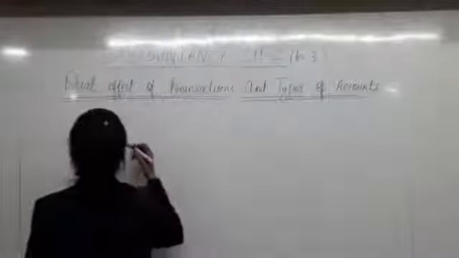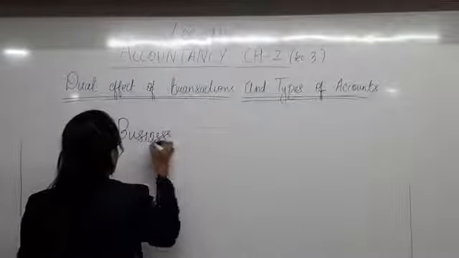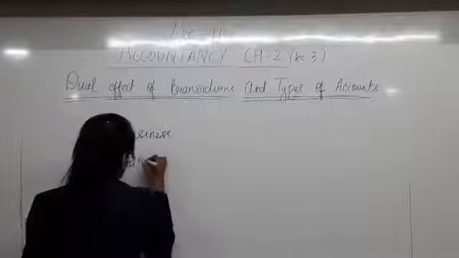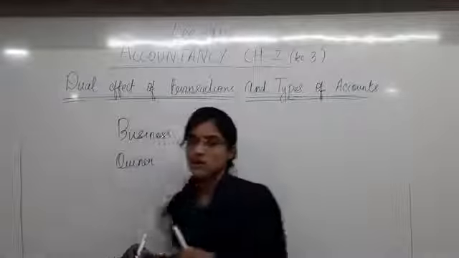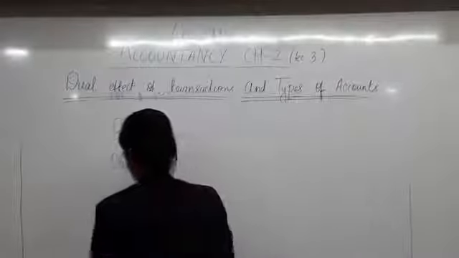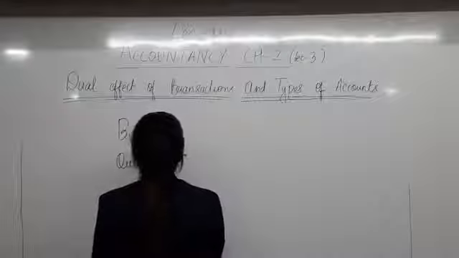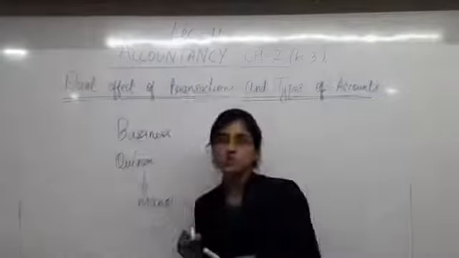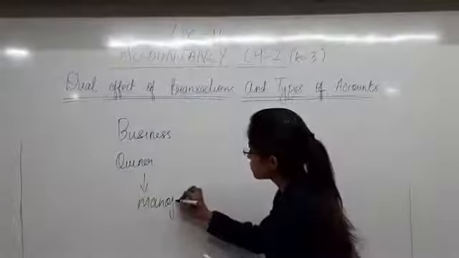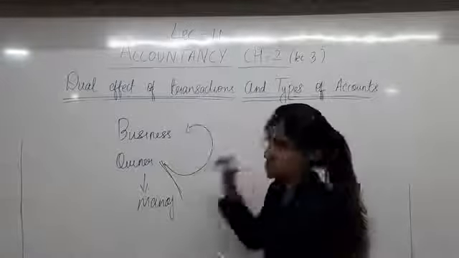So here the thing is, this is business. This is the owner. Who's the owner first of all? Manoj. What did Manoj do? Manoj is the owner and the owner brought cash.